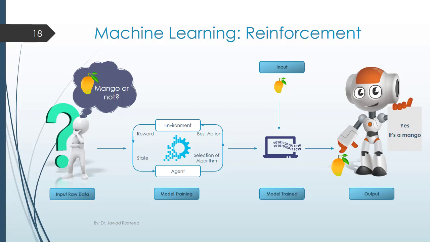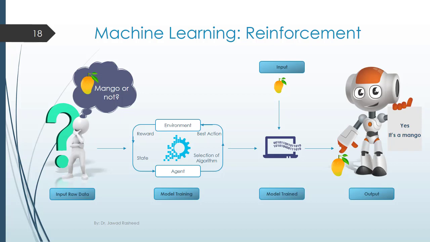The learning agent leverages a mechanism based on two things. One is exploration and the other is exploitation. When the learning agent acts on a trial and error basis, it is termed exploration.